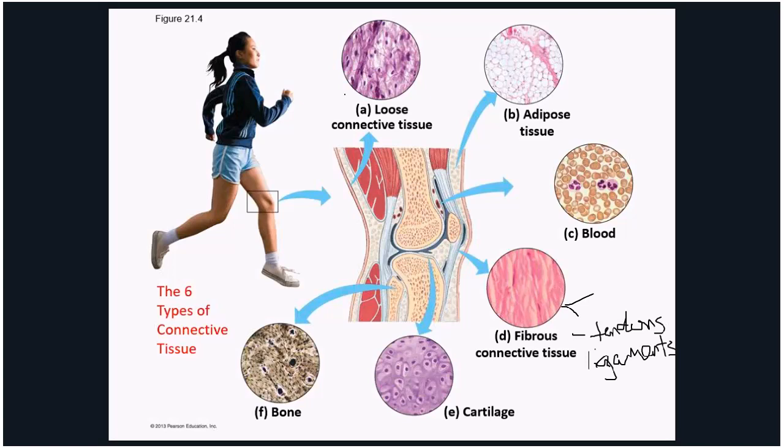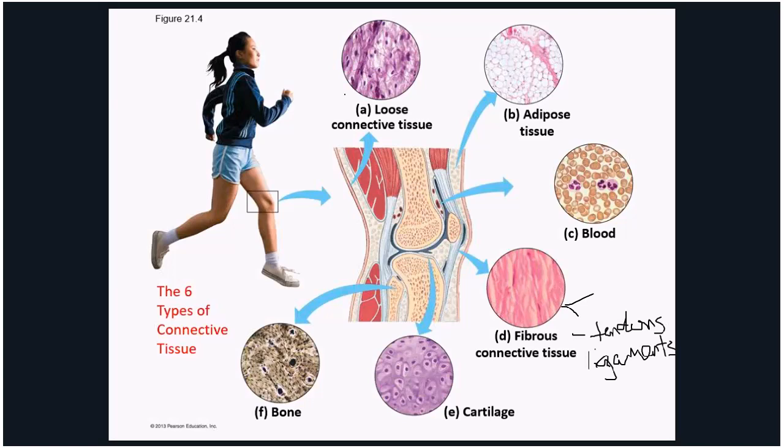Cartilage is the fifth type of connective tissue, and it's a very strong connective tissue. You can feel what it might feel like by wiggling your ear. Your ear is made up of cartilage. Also, some of the structure in the tip of your nose is cartilage.